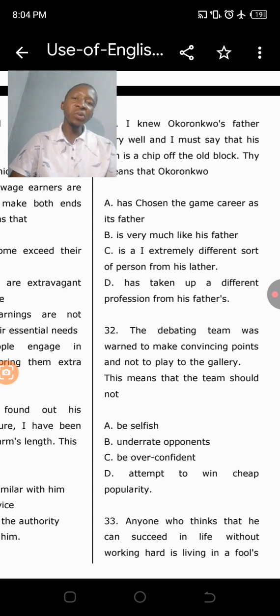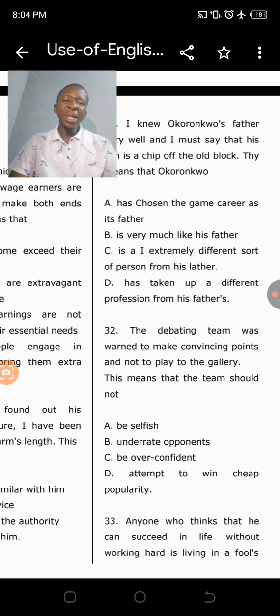So what does it mean to play to the gallery? To be selfish? No. To underrate opponents? No. To be overconfident? Definitely no. Attempt to win cheap popularity? Yes. That is the correct interpretation of playing to the gallery.